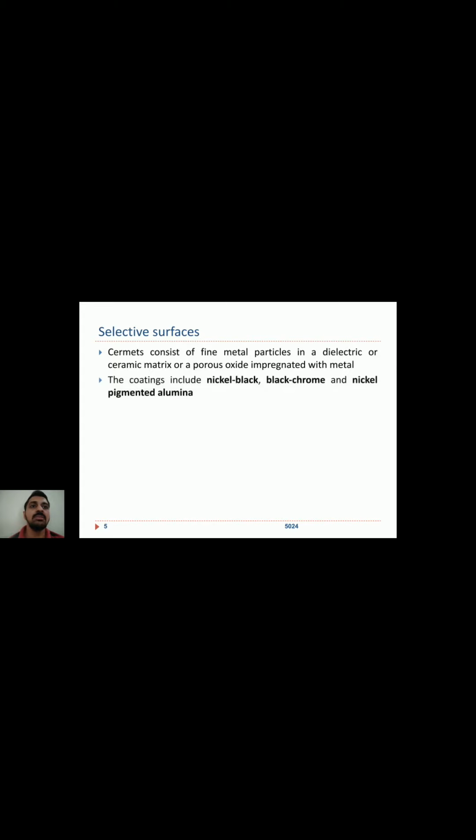The cermet coatings include nickel black, black chrome or nickel pigmented alumina. These are the 3 commonly employed selective surfaces under the cermets. Black chrome is the most successful and commonly used stable selective surface developed to date.